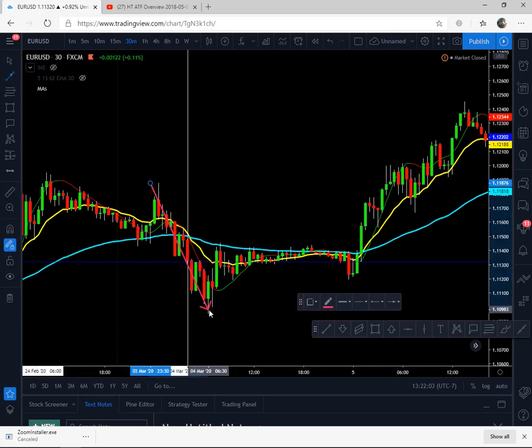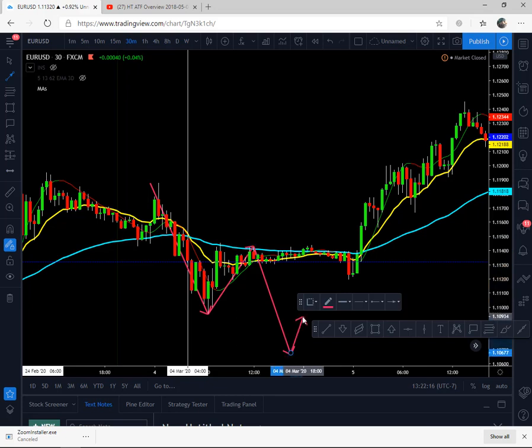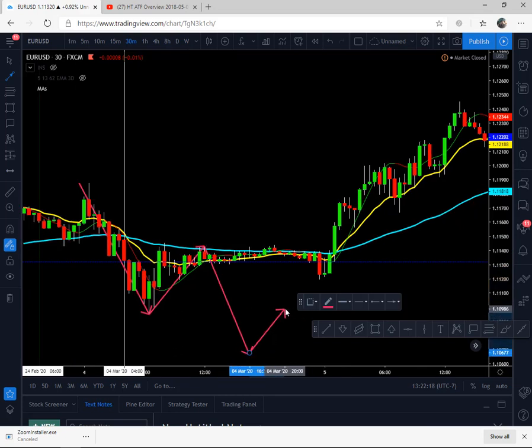So price broke the 62 and there was a 13 62 cross. But price didn't do the following. This would have been a clear indication of a downtrend.